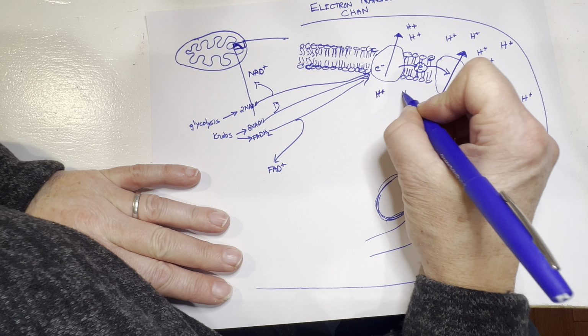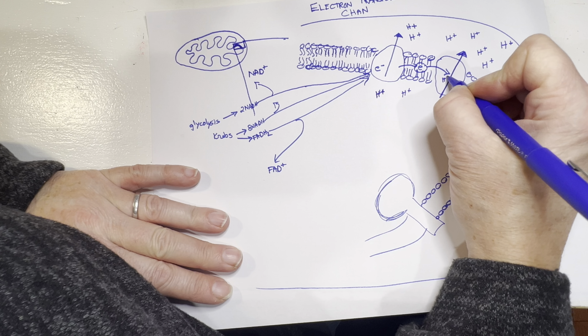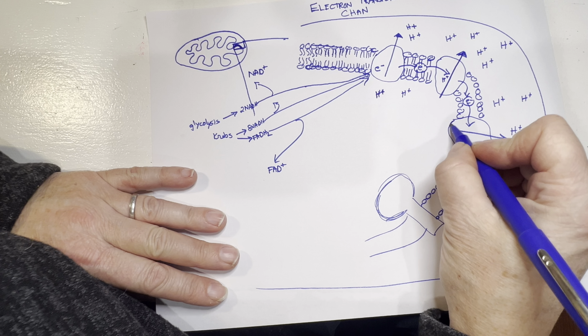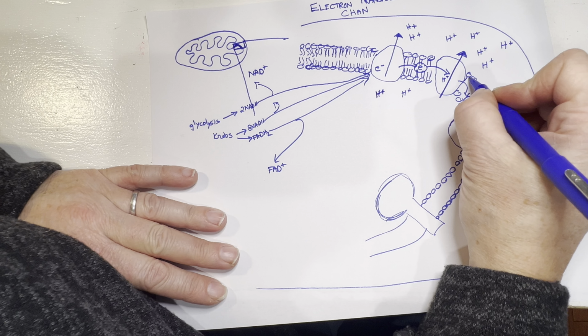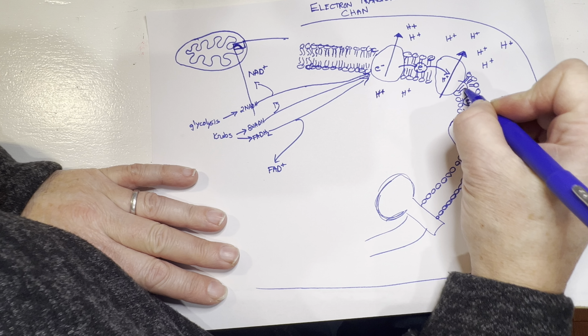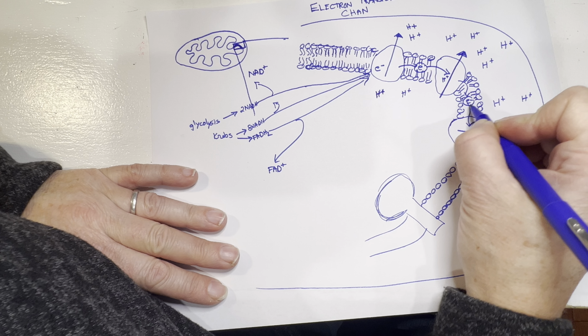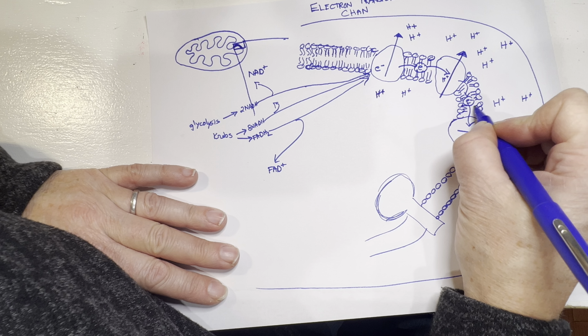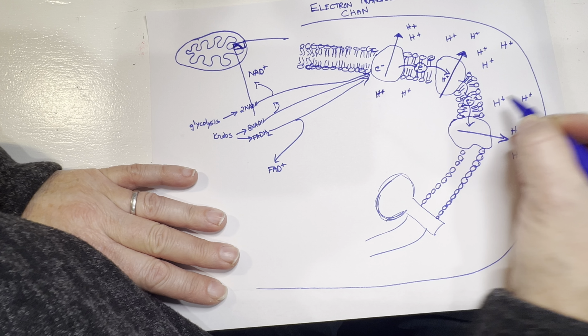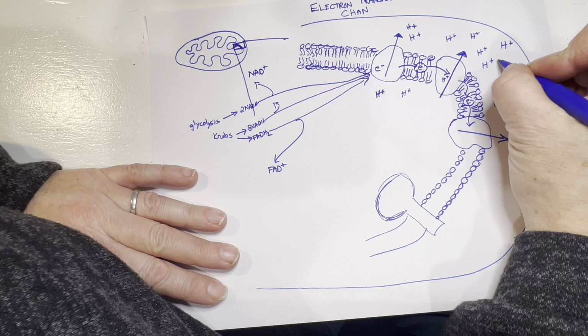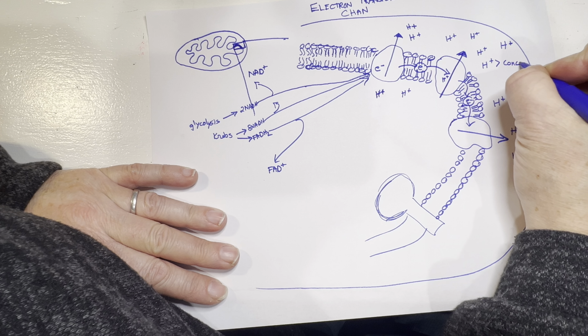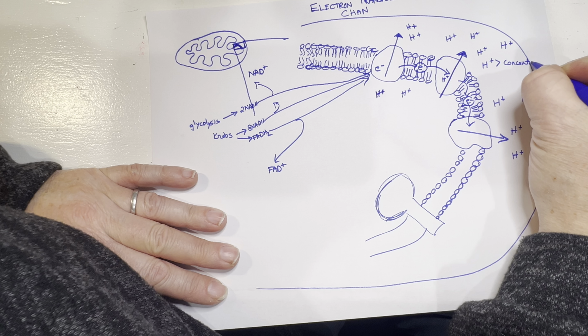And so these hydrogens are going to be available to move through our inner membrane proteins here and make their way into the inner membrane space. And this pump is going to work against the concentration gradient. So hydrogens are at a greater concentration within the inner membrane space.